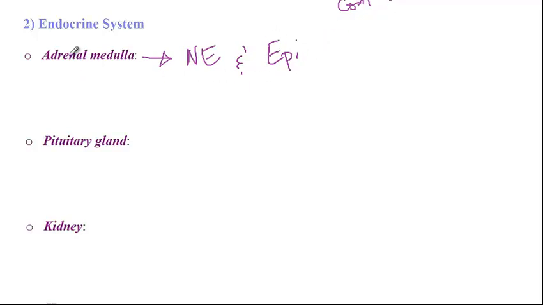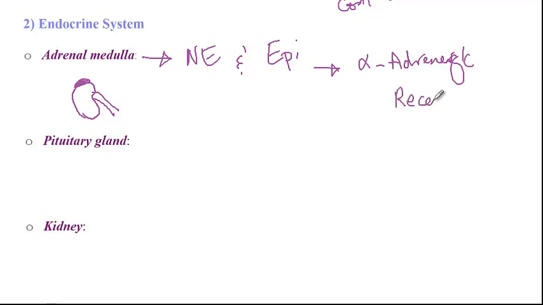And let me ask you another question. Where is adrenal medulla located? So if we have the kidney here, adrenal medulla is located right on top of the kidney. All right, so it releases norepinephrine and epinephrine into the blood, as a consequence of which it will activate the alpha adrenergic receptors and beta adrenergic receptors.